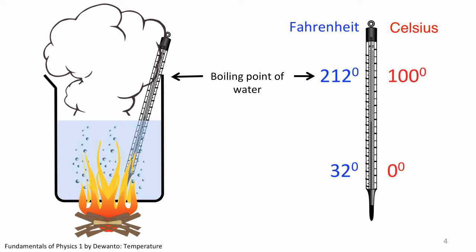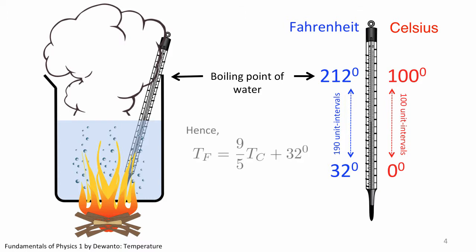Celsius had 100 unit intervals, whereas Fahrenheit had 180 unit intervals. Thus the ratio of Fahrenheit to Celsius is 180 to 100, or 9 to 5. This ratio gives a conversion equation between degrees Celsius and degrees Fahrenheit, and vice versa. By the same argument, we can derive the conversion equation between our own defined temperature and Fahrenheit or Celsius.